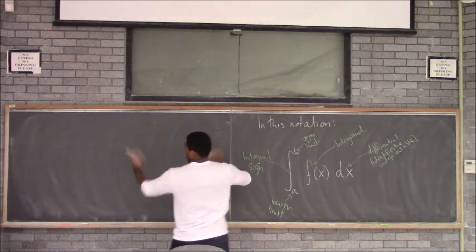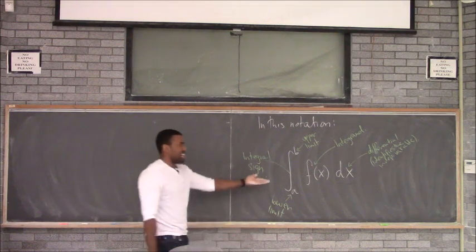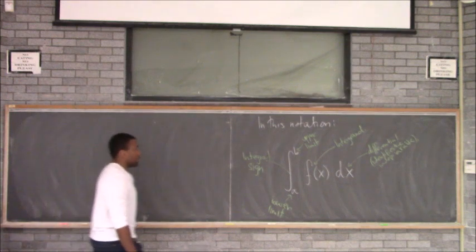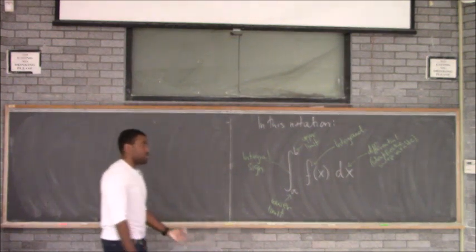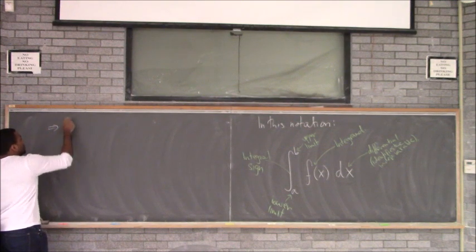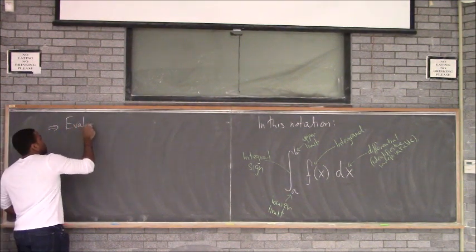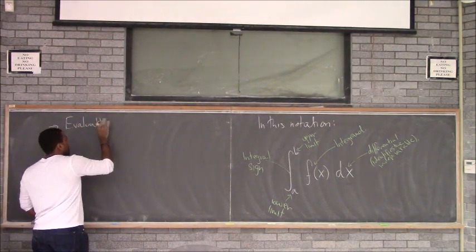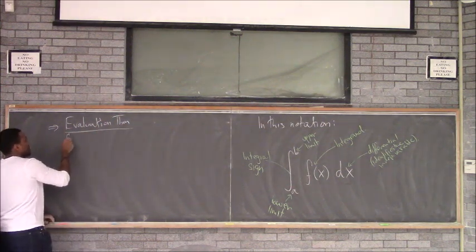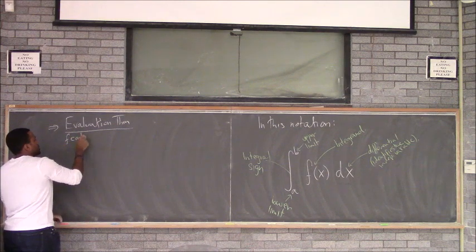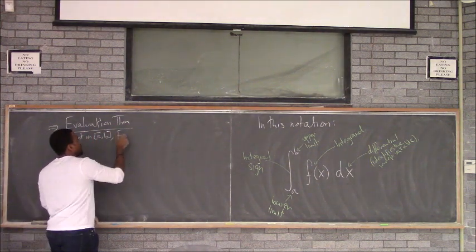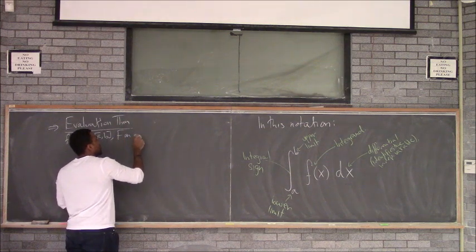And by definition, which I just erased, it is actually the value of an infinite Riemann sum. But because of the evaluation theorem, we actually have a shortcut for computing it. So, the evaluation theorem: f continuous on [a, b], big F an antiderivative.